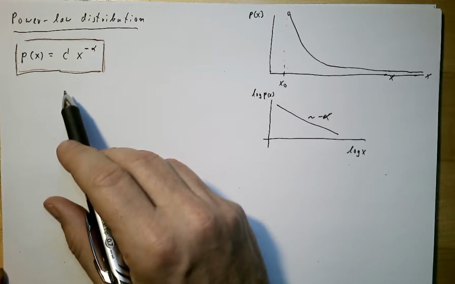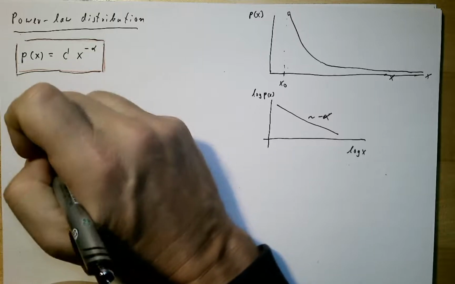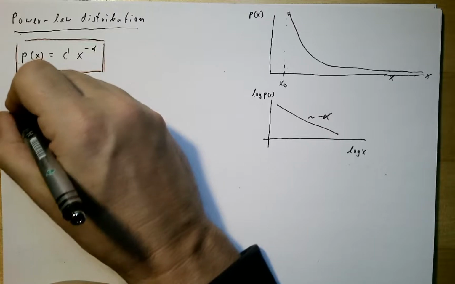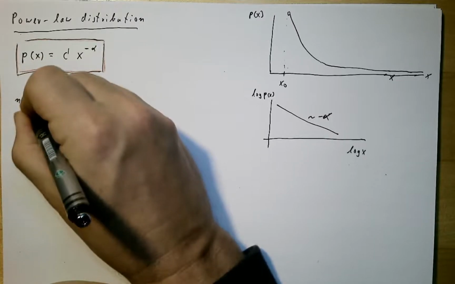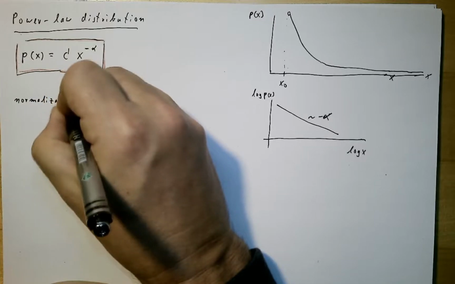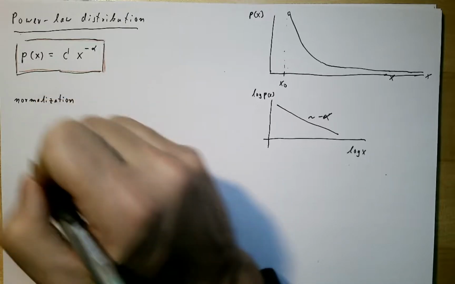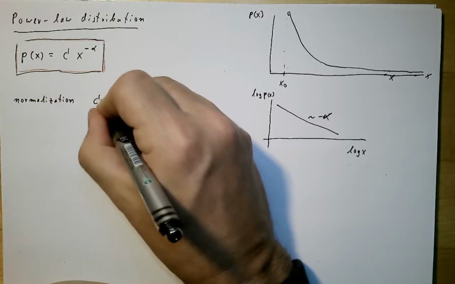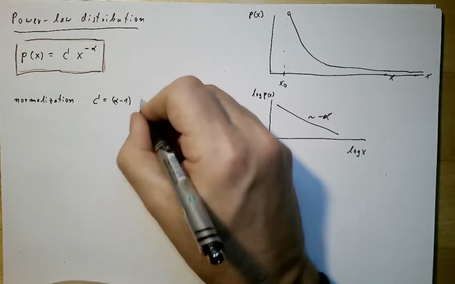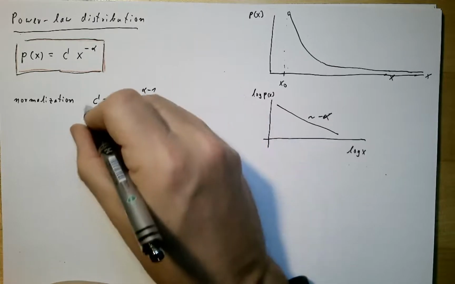So what are the properties? We calculated already a lot of properties, so I don't have to repeat this, just look it up in the script. I just want to write down the main properties. By normalization, we will find that this constant c is alpha minus 1 times x0 to the alpha minus 1.